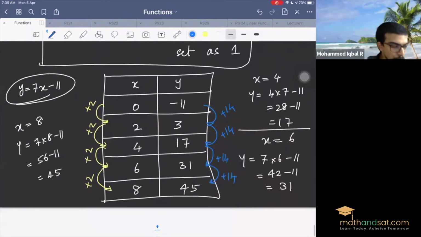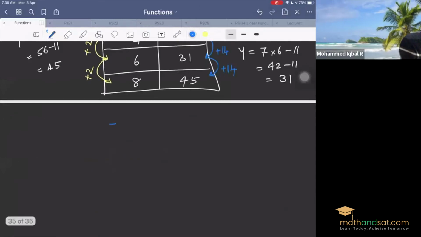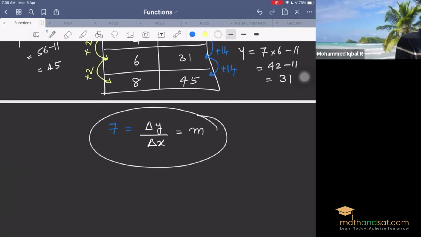So here we see that your 7 was nothing but your change in y by change in x. So this is your m. Note this down.